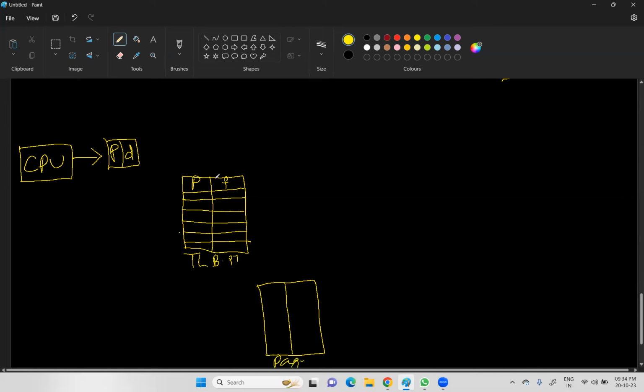There is no difference at all. You can observe this is page number, this is frame number. The only difference is in the TLB page table. If you understood switch case and nested if else if ladder, then it will be very easy to understand.